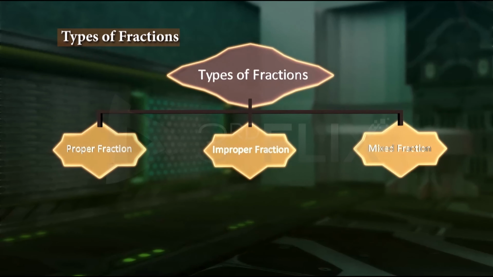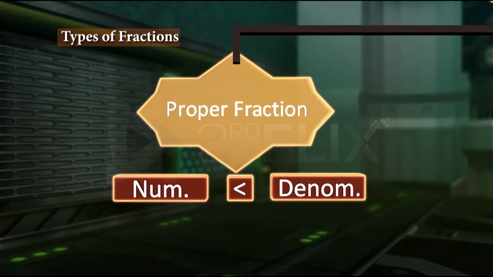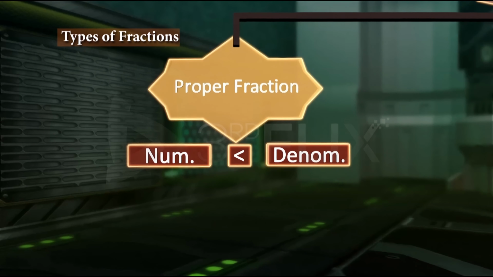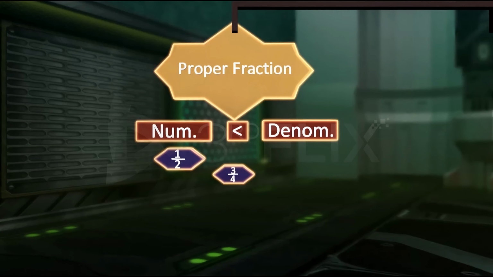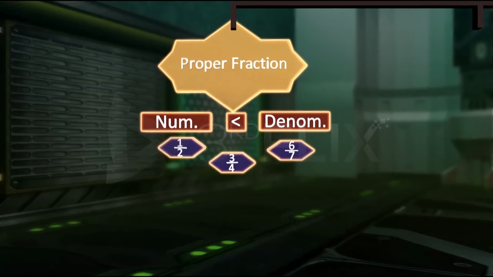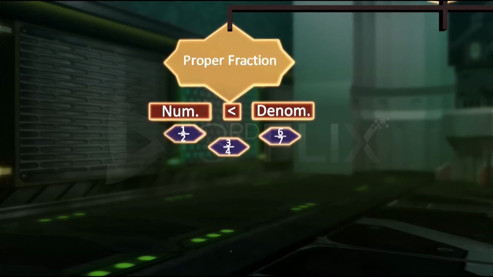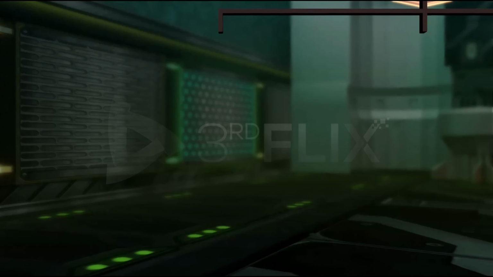Types of fractions. A fraction with the numerator less than the denominator is called a proper fraction. Example: 1 by 2, 3 by 4, 6 by 7 are all proper fractions. The value of a proper fraction is always less than 1.